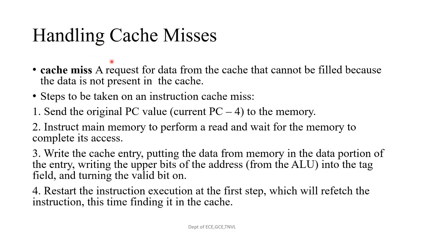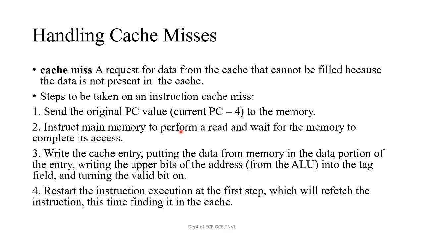So this is how we handle a cache miss. A request for data from the cache that cannot be filled because the data is not present in the cache is called a cache miss. So what are all the steps to be taken on an instruction cache miss? A cache miss can occur on instruction as well as on data. If a cache miss occurs on an instruction, the first step is to send the original program counter value to the memory.